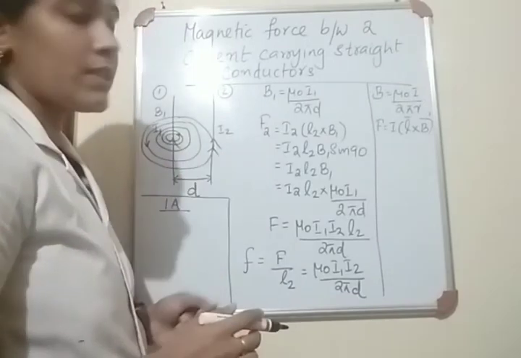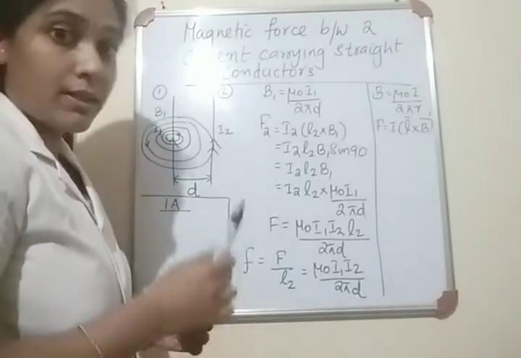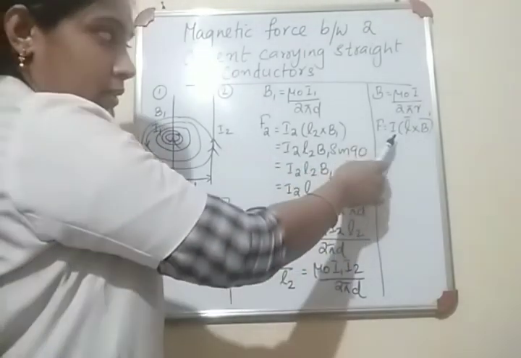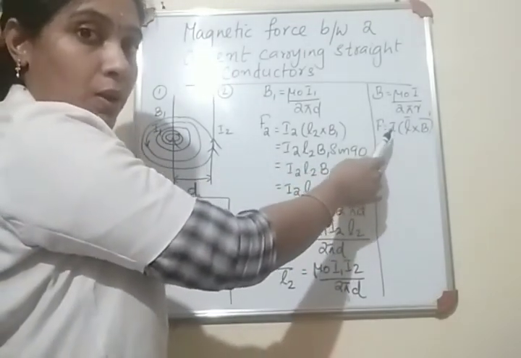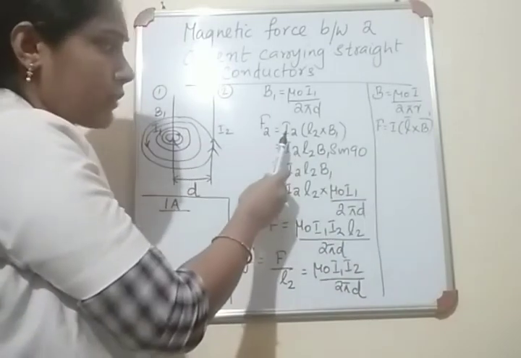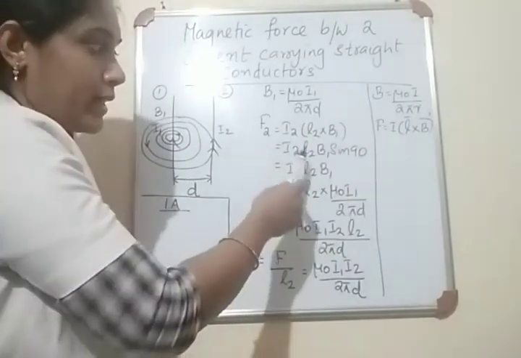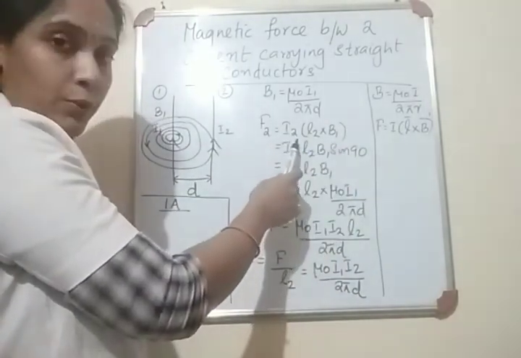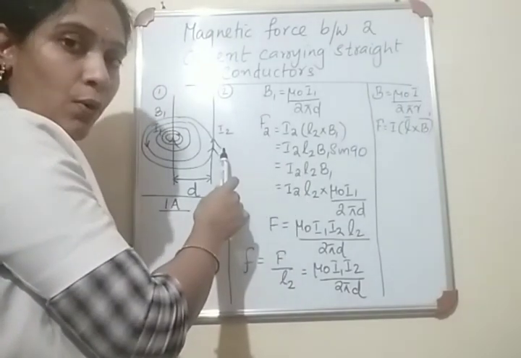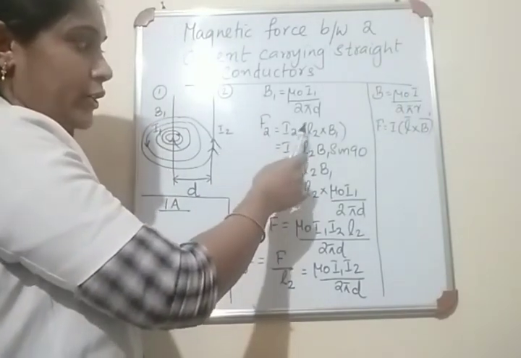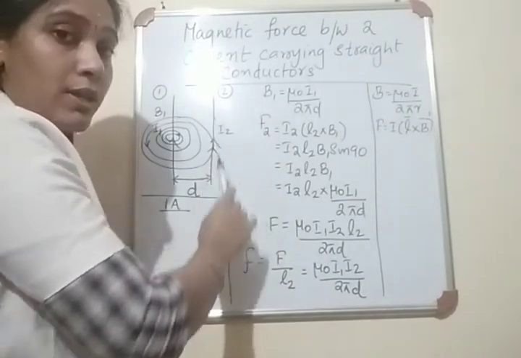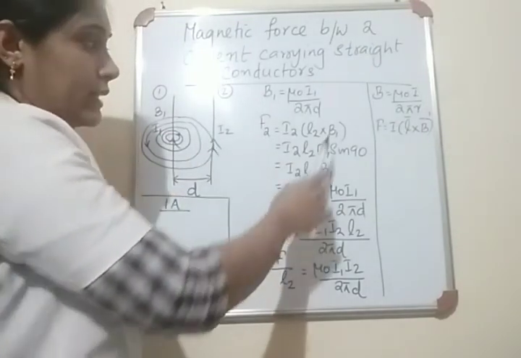And what is the expression for the force experienced by that conductor? The expression for force is F is equal to I into L cross B. Here we need to modify that expression: F equals I2 L2 cross B1, where I2 is the current flowing through the second conductor and L2 is the length of the second conductor.